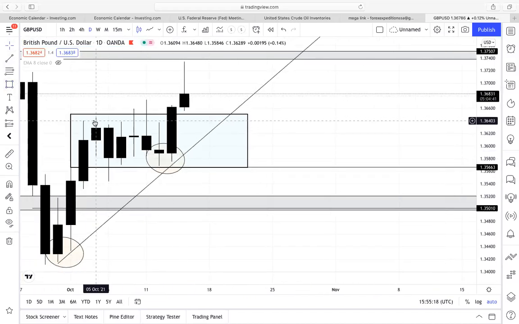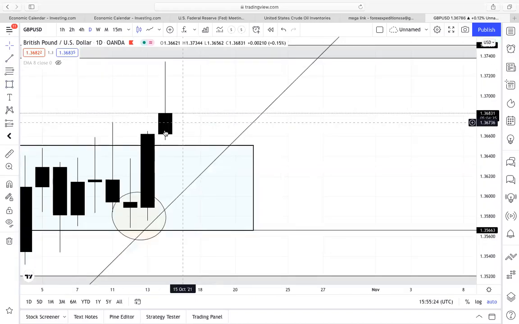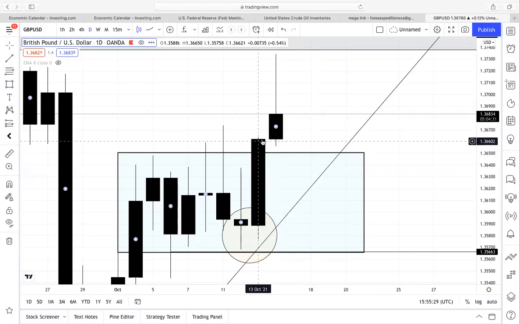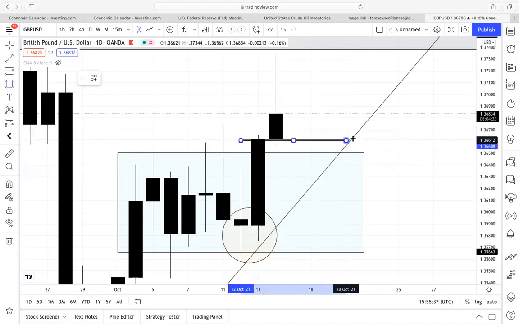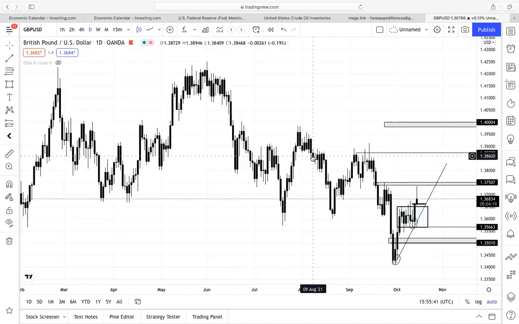Price stopped here with the wick, stopped there with the wick, stopped there with the wick. This candle here yesterday closed above with the body. Do you guys see that? It closed over here with the body. That was the first sign of bullish momentum.